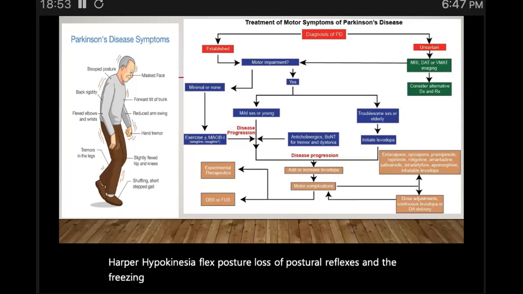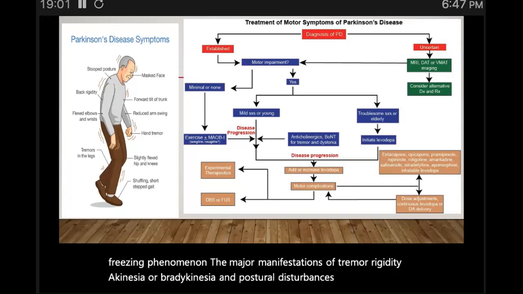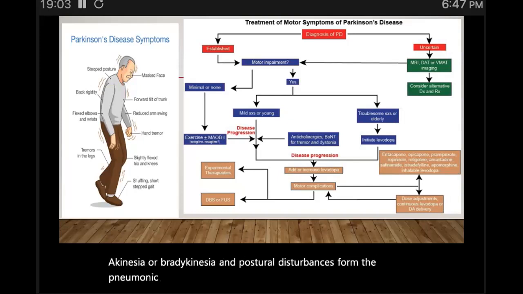The major manifestations of tremor, rigidity, akinesia or bradykinesia, and postural disturbances form the mnemonic TRAP, T-R-A-P. So TRAP could be tremor, rigidity, bradykinesia, and flexed posture.